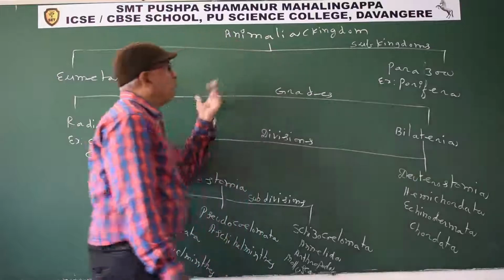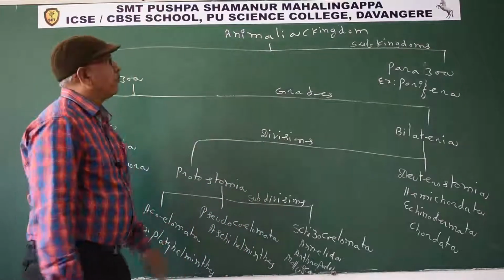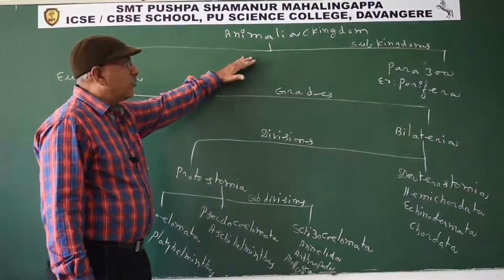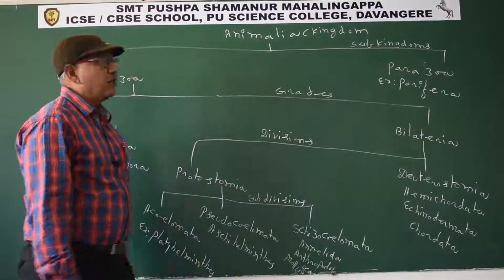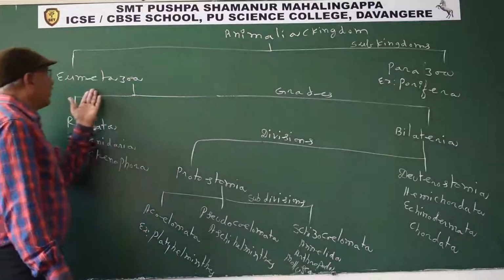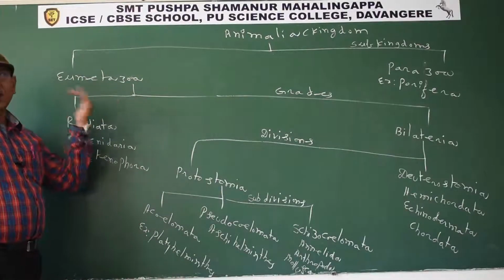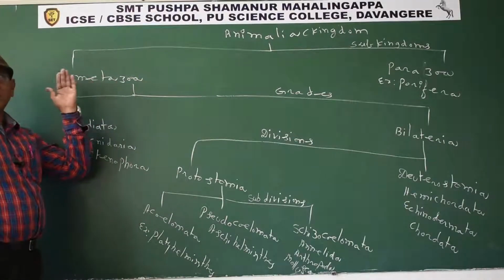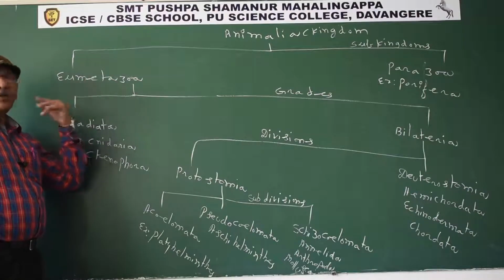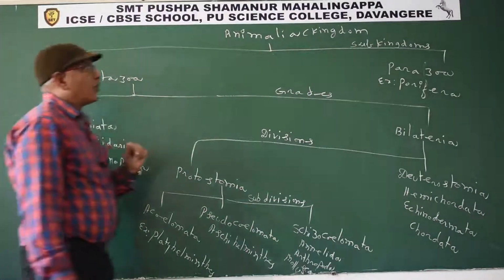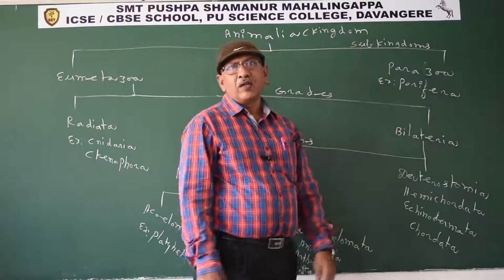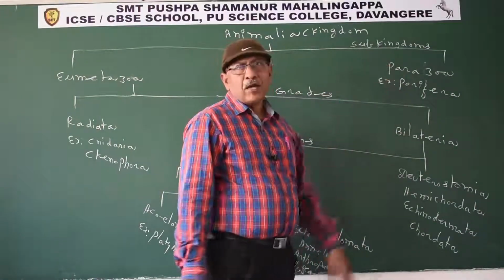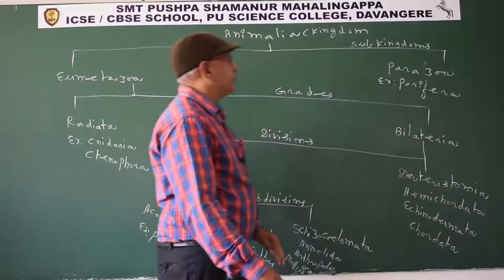All are multicellular animals only. Multicellular animals without tissues are included in subkingdom Parazoa. Multicellular animals with tissues, organ systems are included in subkingdom Eumetazoa. Only one phylum is included in the subkingdom Parazoa, Porifera.